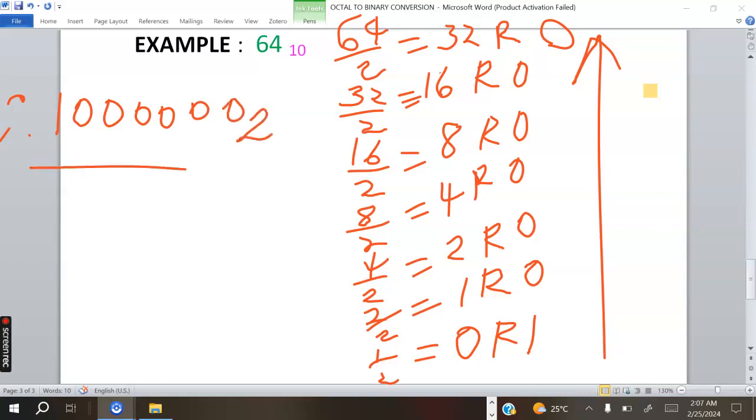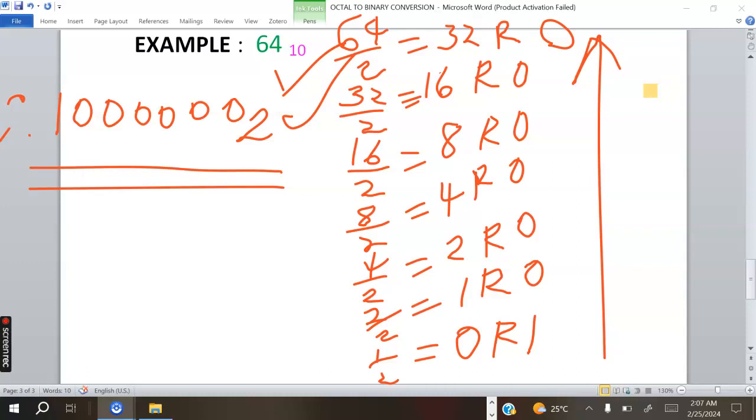So that is the final answer that you're supposed to get. So you give yourself a tick for that. So if you convert 64 from decimal to binary, you will eventually get 1000000 base 2 as the answer, which is the binary number of the decimal.